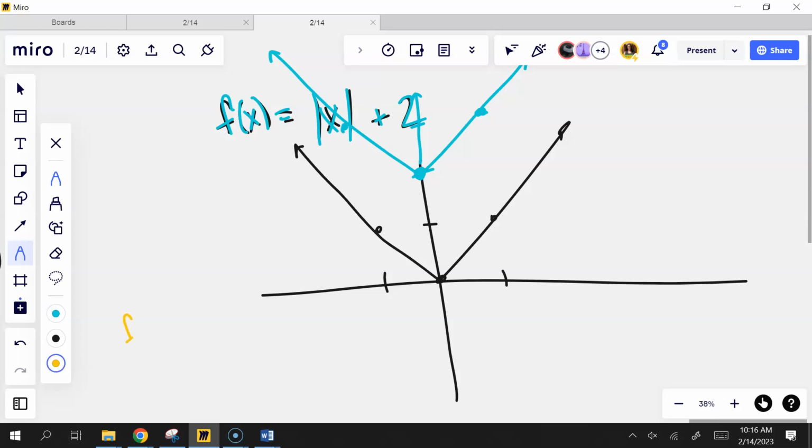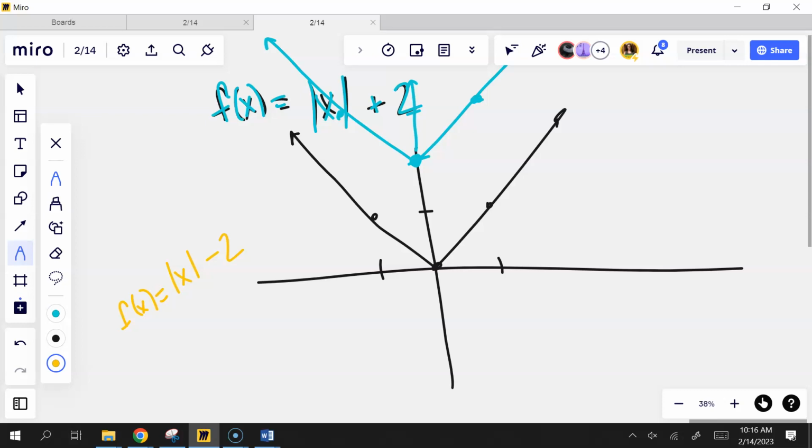How about if I did f of x is the absolute value of x minus 2? It goes down 2. Same graph, it's just been slid up or down. Does that make sense? So back to the transformation guide.